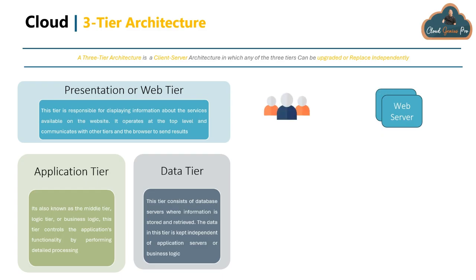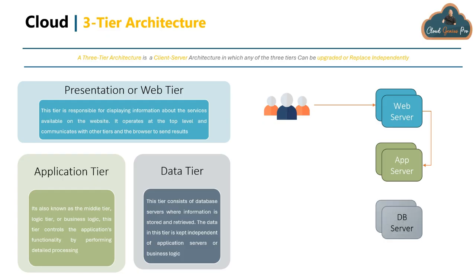Whenever any end user or end consumer communicates with the web server or web tier, the web tier independently communicates with the application server, where it sends the necessary or relevant request to the application tier. The application server will process that request to get the data from the databases.